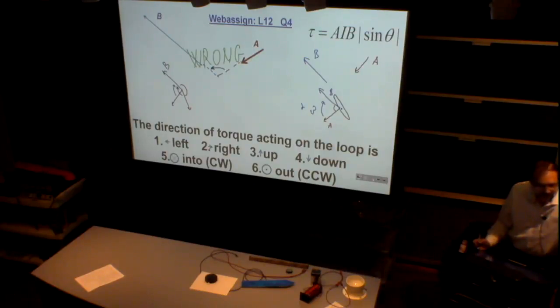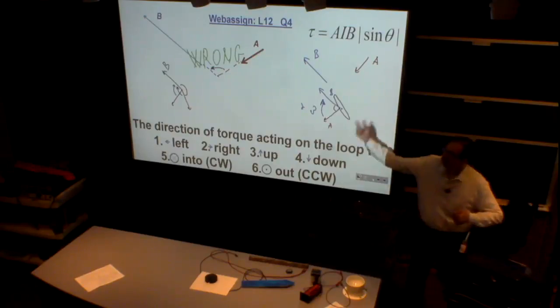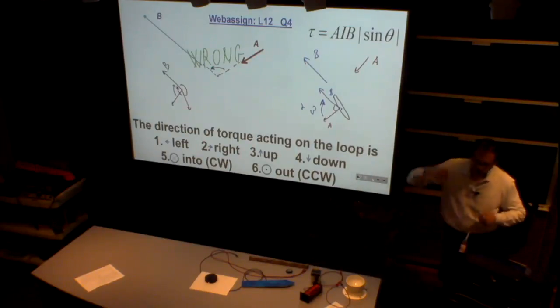There's a word for that, conformity. Now this direction has a name, clockwise.